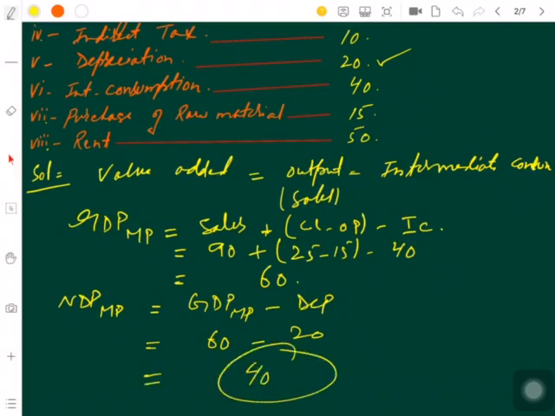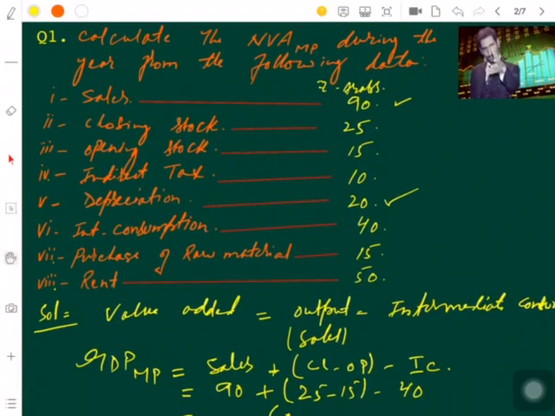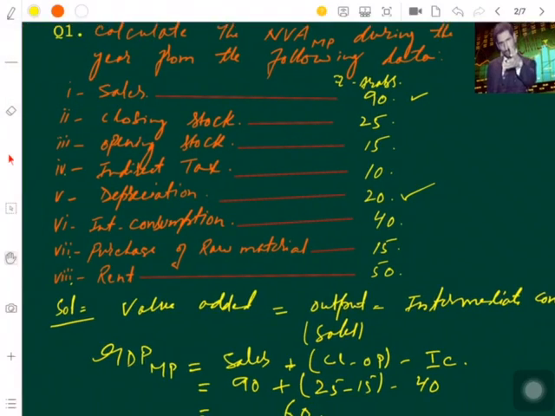So dear students, if you are able to understand the concept properly, you look at the particulars once again, you will be able to see that we used only a few particulars and a few were left, such as what we used: sales, closing stock, opening stock.